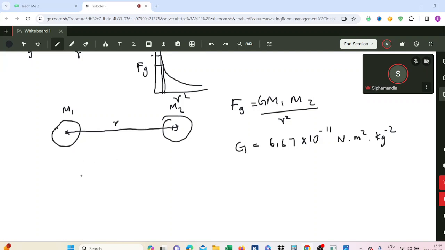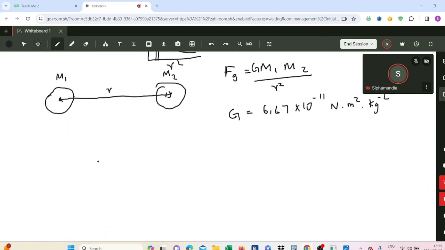Now let's talk about the earth, because there is an important formula that I want you to understand. This is the earth, and this is the center of the earth.